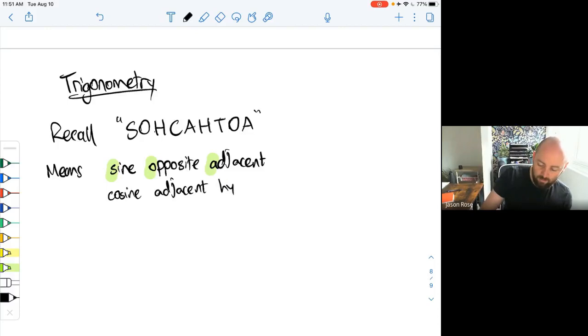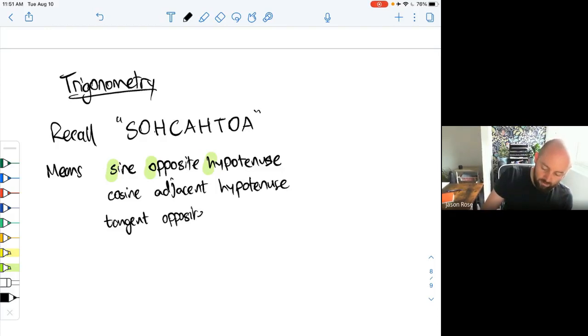adjacent. Sorry, my bad. I'm making a dumb mistake already. Sine is opposite over hypotenuse, of course. SOH, not SOA. So sine opposite hypotenuse, cosine adjacent hypotenuse, and tangent opposite adjacent.